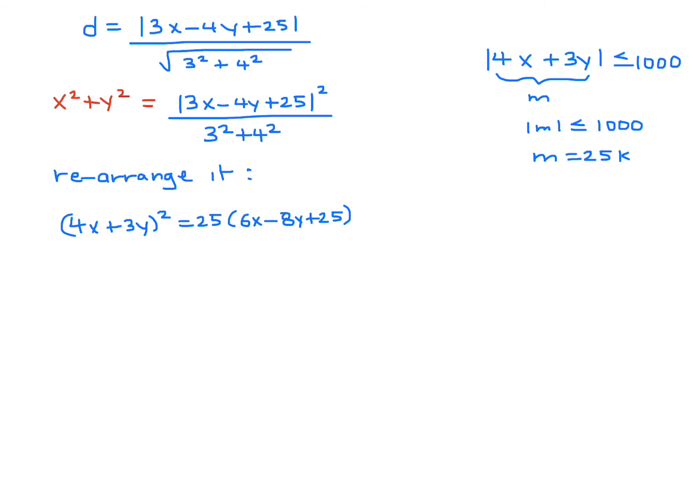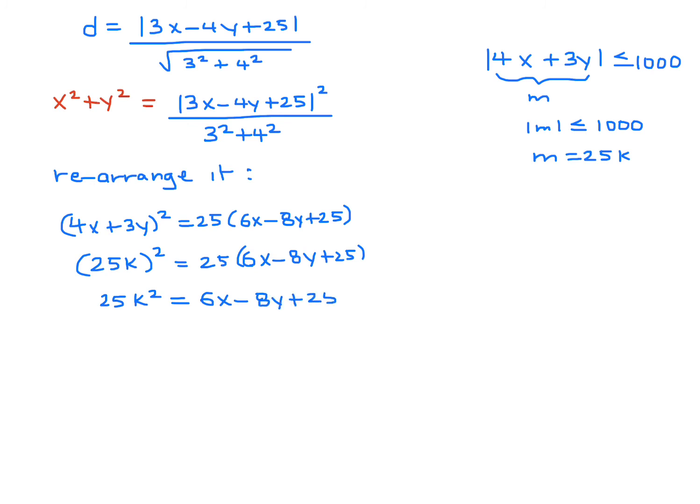So when you do, you get m right here, but that is 25k. So it'll be 25k all squared, and this is 25 times 6x minus 8y plus 25. Now the 25 squared will cancel with that guy, so we will just get 25k squared is 6x minus 8y plus 25.